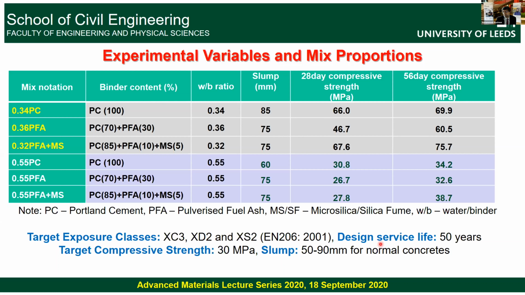And we assumed a design service life of 50 years for the concrete. And the minimum compressive strength was 30 megapascal, as you can see, that was achieved. And the expected workability, ability to work with the concrete, measured in terms of one parameter called slump, was 50 to 90 millimeter. And you can see that that target slump was also achieved for both concretes.